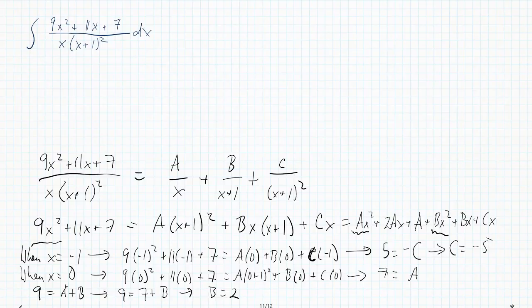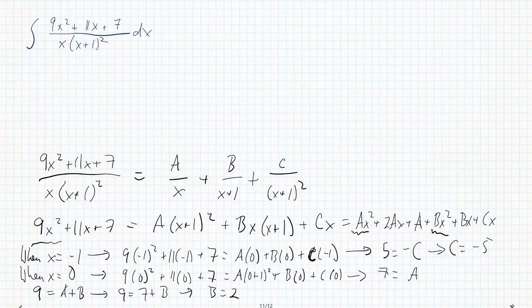We can verify that with the x terms. C is -5, B is 2, so that makes -3, and 2 times A is 14, minus 3 is 11. I was just verifying the x term works out just fine, so we were good on that.